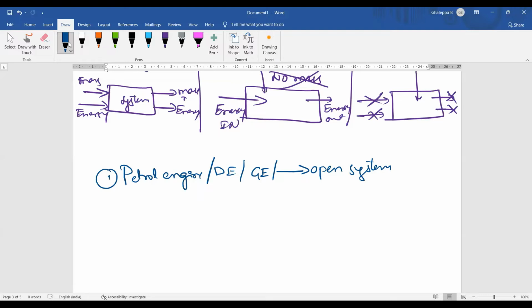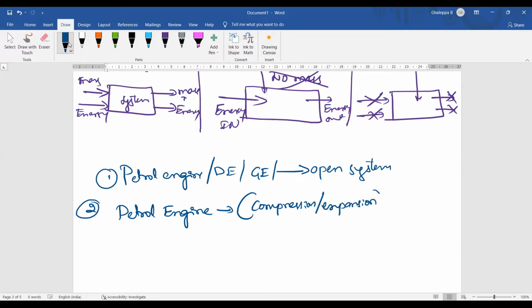But if you are considering only two strokes, that is the compression and expansion process, let me write here: petrol or any engine. Dear students, do not get confused by the word petrol. It may be any engine. Petrol engine for compression and expansion process. During compression and expansion, both the inlet valve and the exhaust valve will be closed.